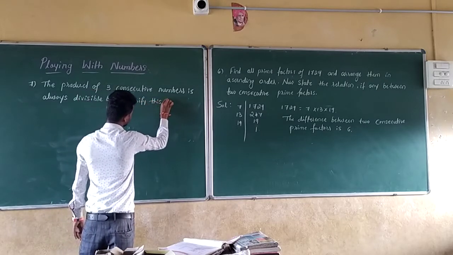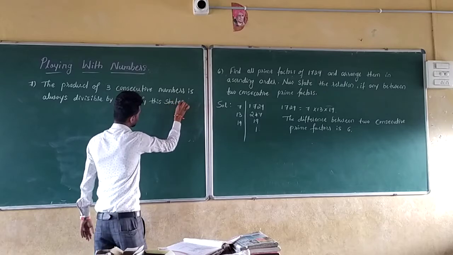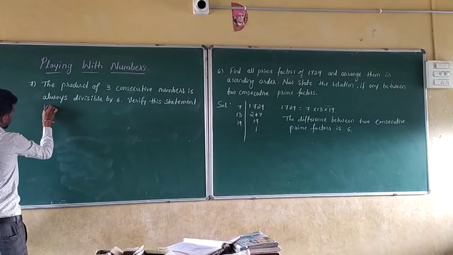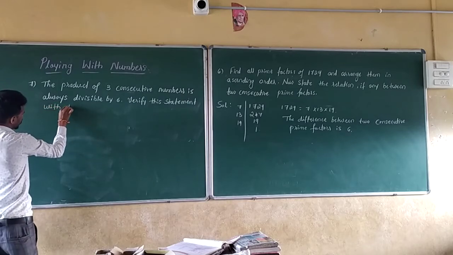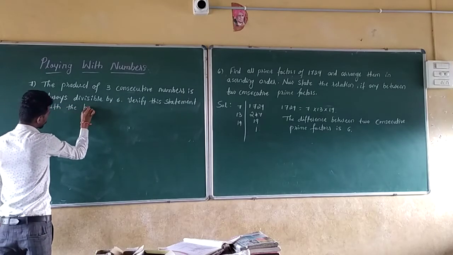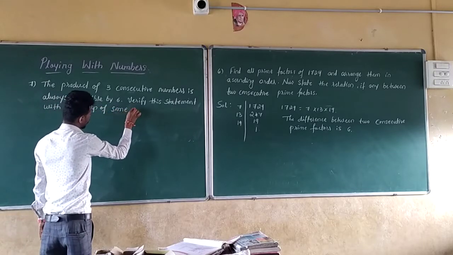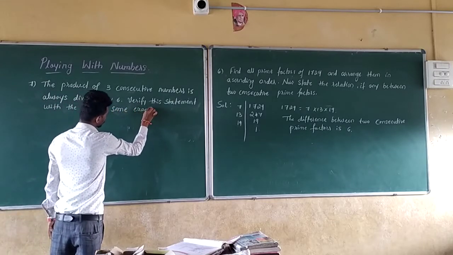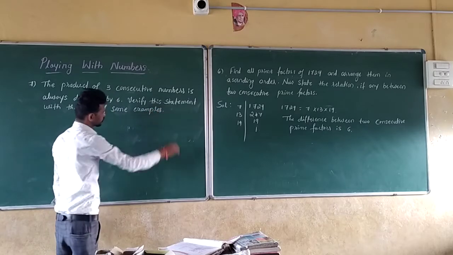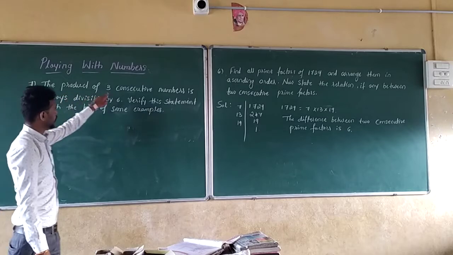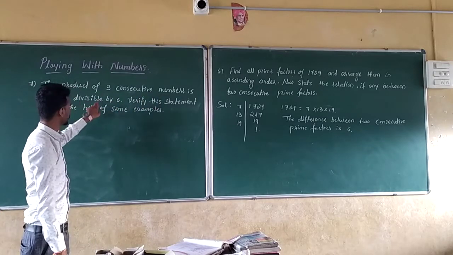Verify this statement with the help of some examples. So the product of three consecutive numbers is always divisible by 6.